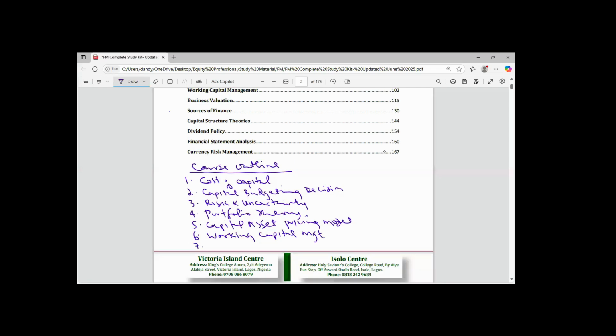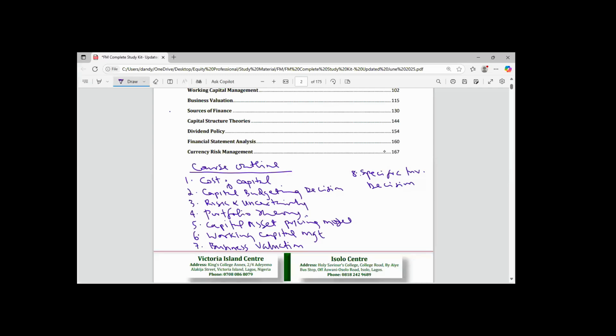Then number seven, we are going to talk about business valuation. Then number eight, we are going to do specific investment decision. There are two areas of specific investment decision.